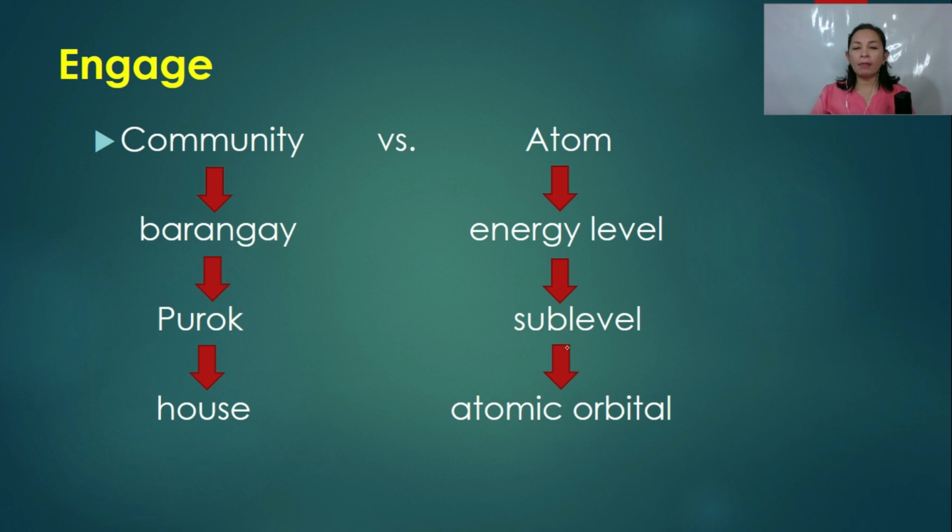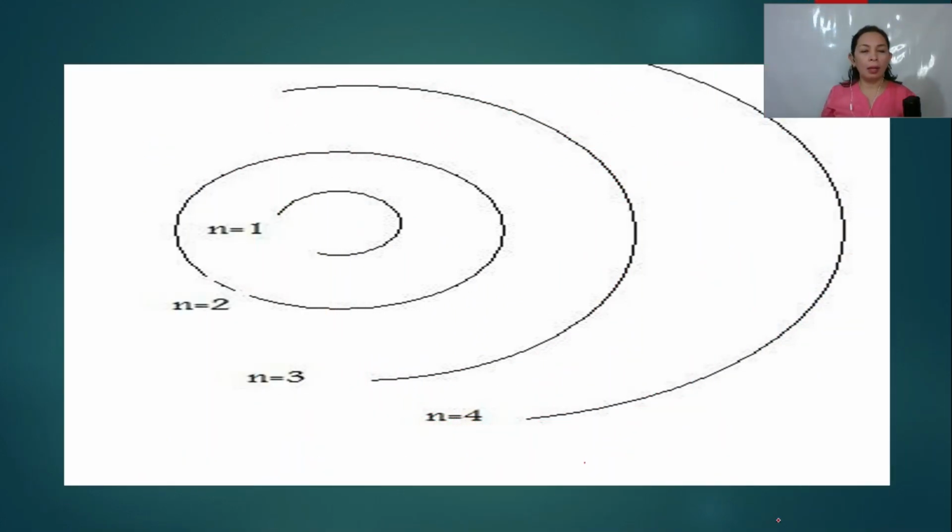And that sublevel is composed of different atomic orbitals. So in an atomic orbital, this is where we can find the electrons. In other words, an atomic orbital is a region or space around the nucleus of an atom where we can find the electrons.